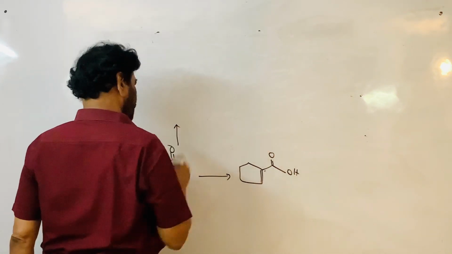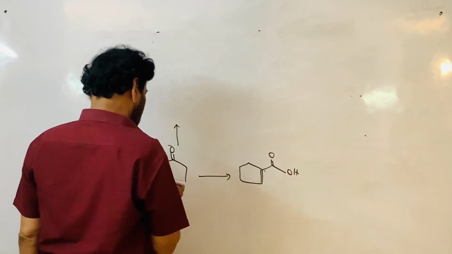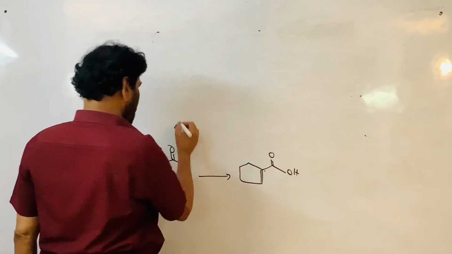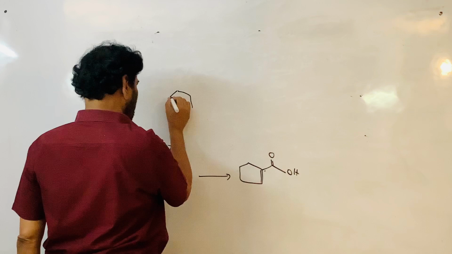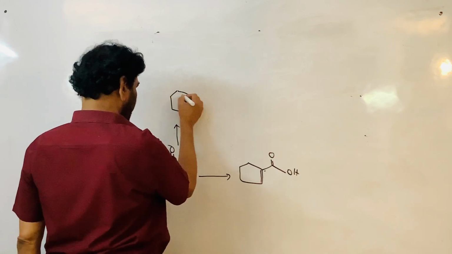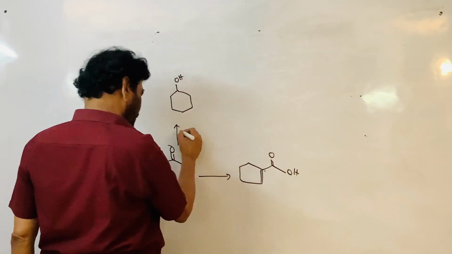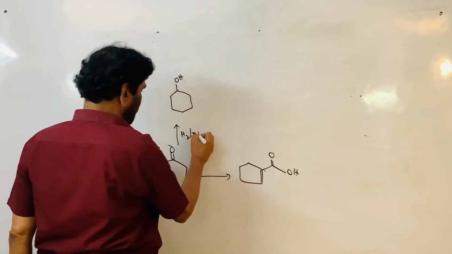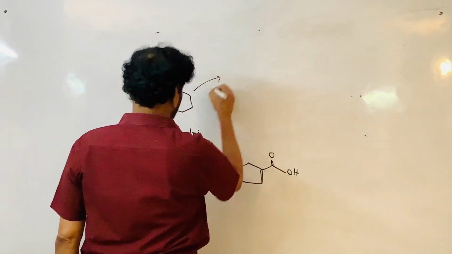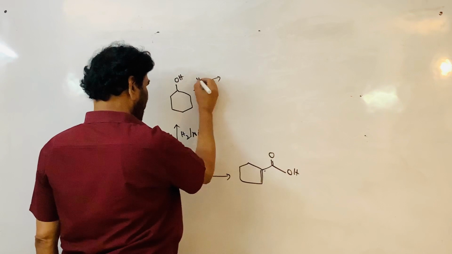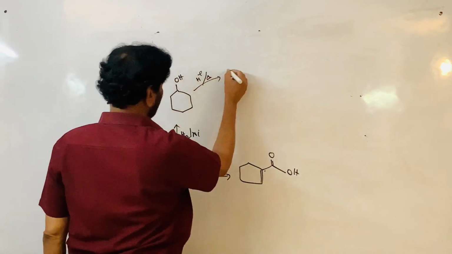You have to use the internal aldol condensation. Convert into the corresponding alcohol by treating with hydrogen, nickel or any other thing, lithium aluminum hydride. This is treated with H plus, heat, dehydration.